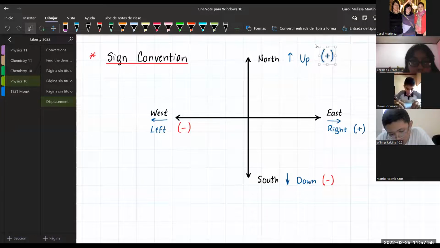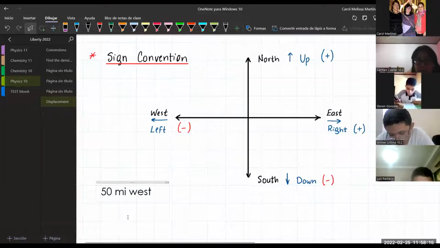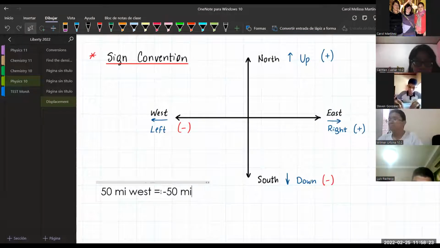Direction matters because when we talk about displacement, direction needs to be specified in the problems. If I tell you that a person walked 50 miles to the west, you can say that person walked negative 50 miles.